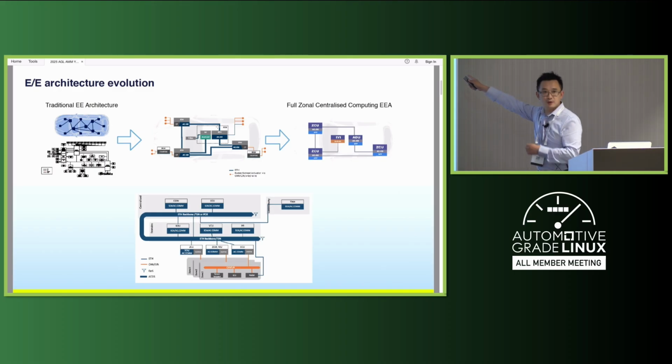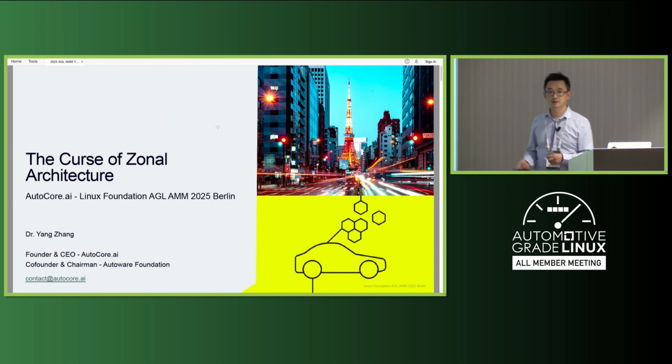So this looks pretty elegant, right? The one on the right. And that's the title, just to remind myself: the curse of a zonal architecture. It does not come free. We see all the real headaches in the deployment phase.